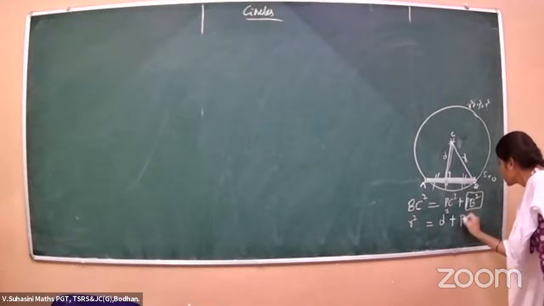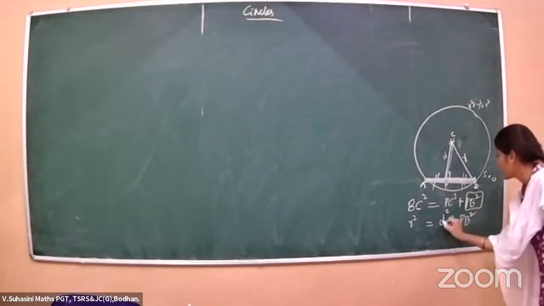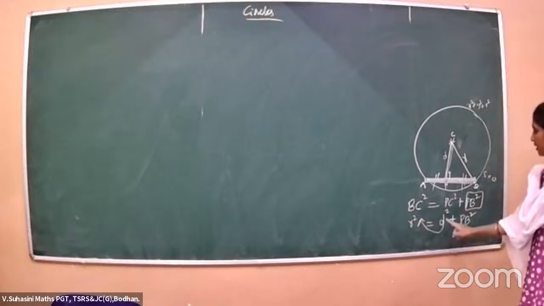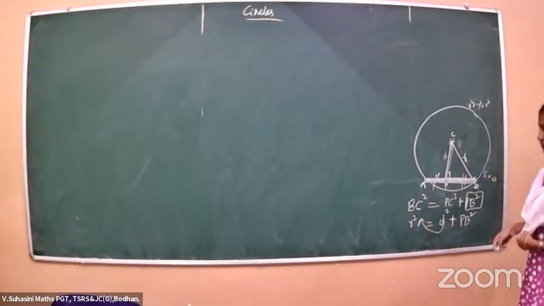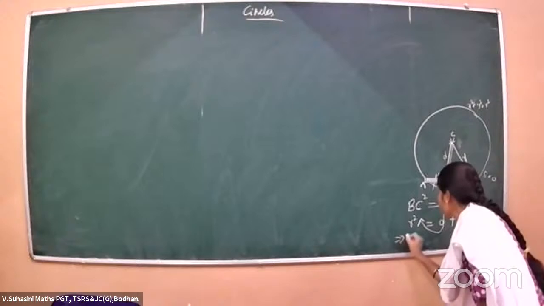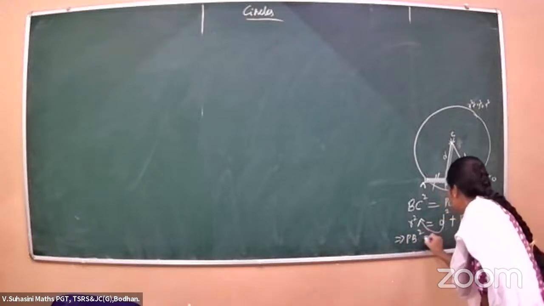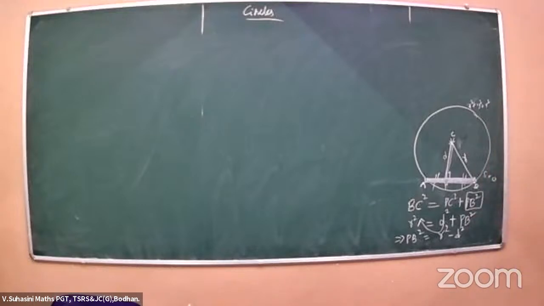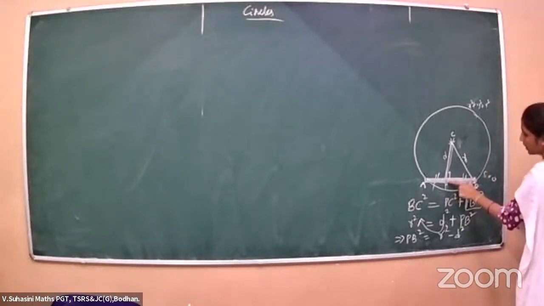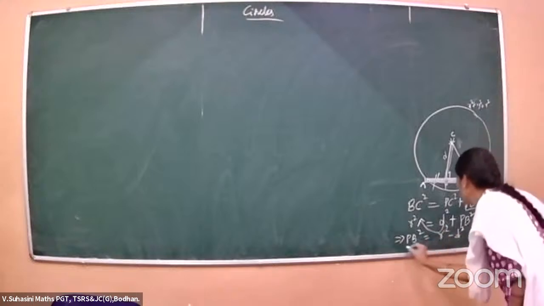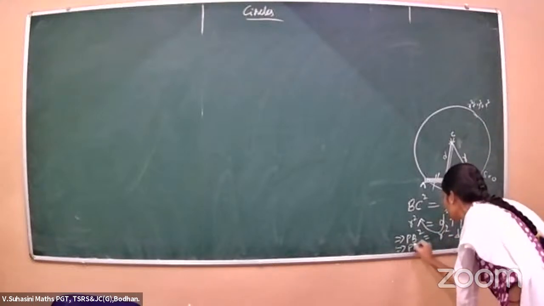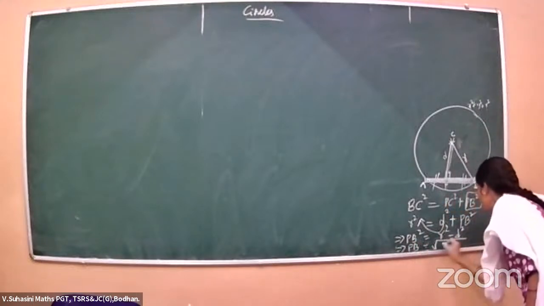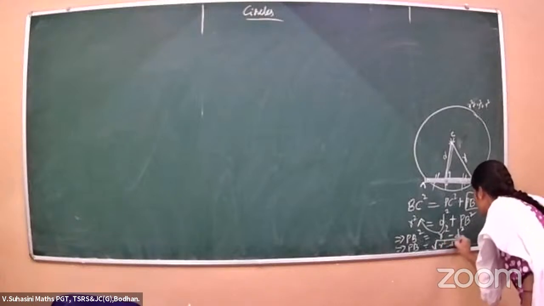I don't know PB, so I will keep it as PB square. Transposing d square to the other side, we get PB square is equal to r square minus d square. But PB is half of the length of the chord. So PB is equal to under root r square minus d square.